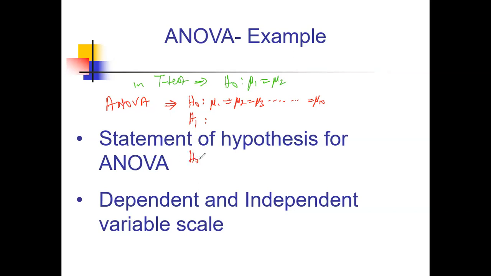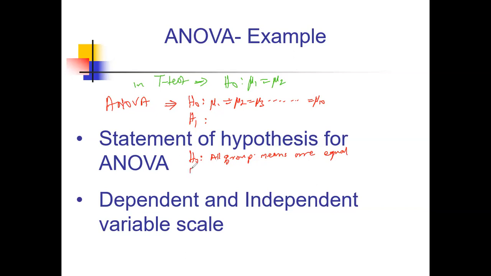So the ANOVA hypothesis says H0 is all group means are equal. That's what ANOVA is saying, that all the groups are equal. That is the null hypothesis.